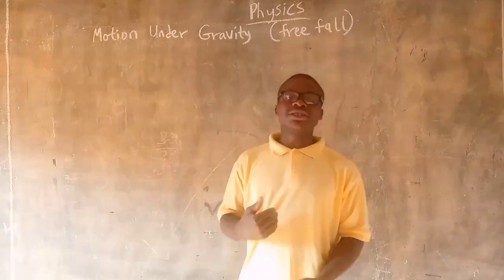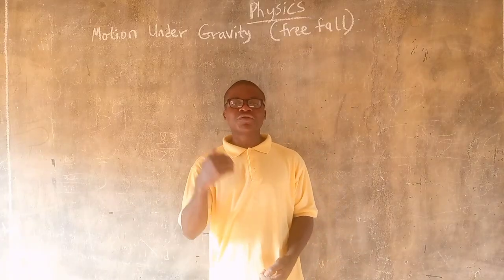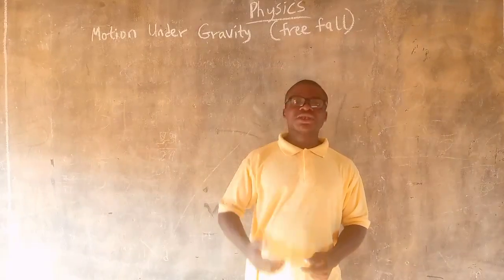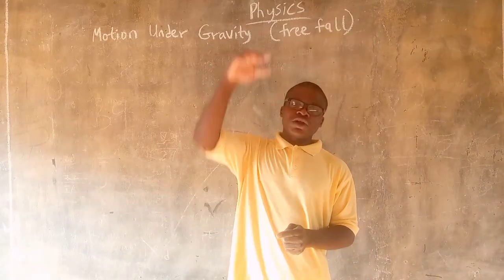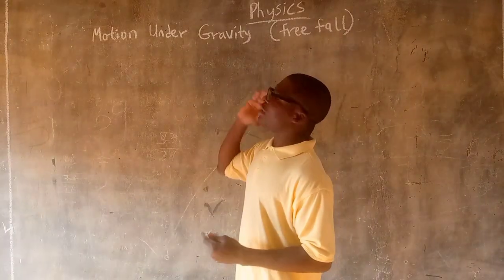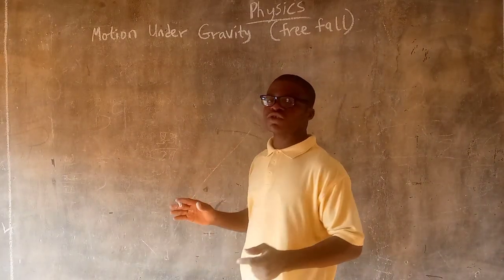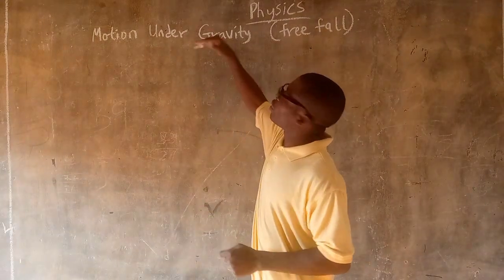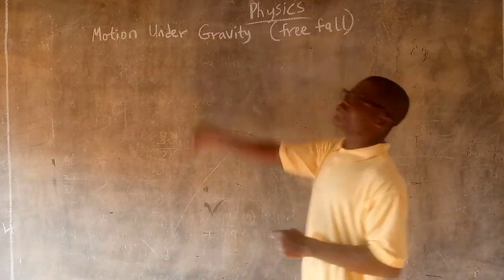And what causes the increment in the speed of that object? Gravitational force. So an object thrown upwards and also an object falling from a height, both objects experience a force called gravitational force, and they are performing a motion called motion under gravity.